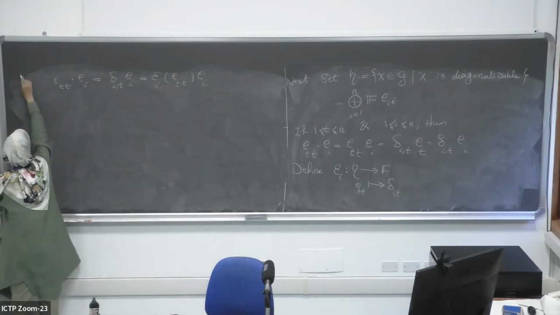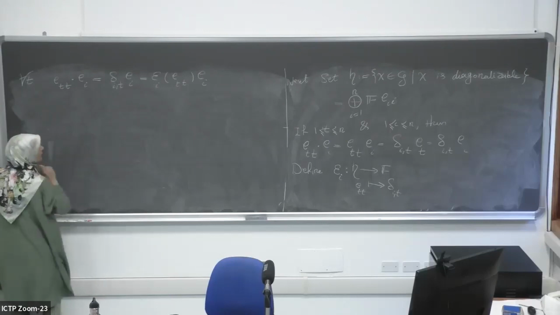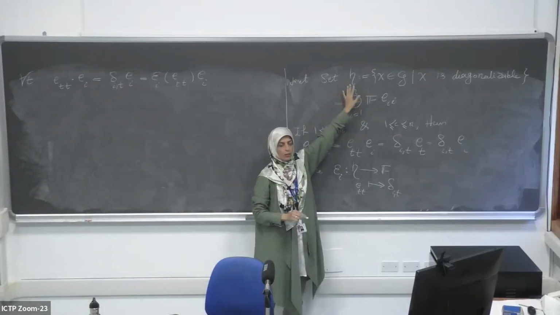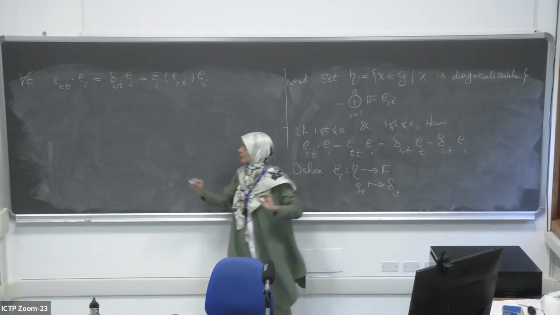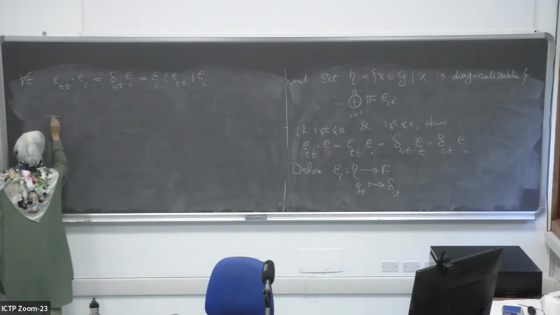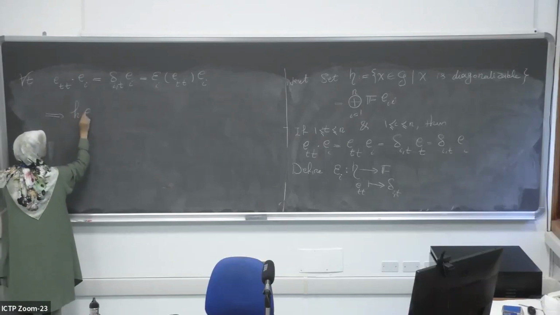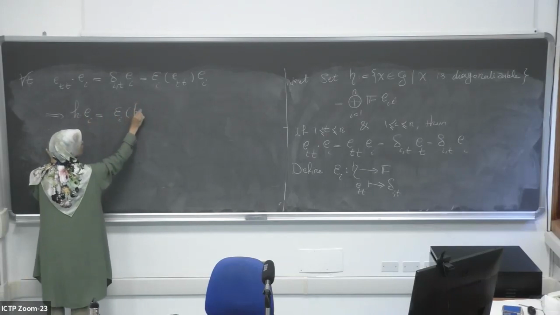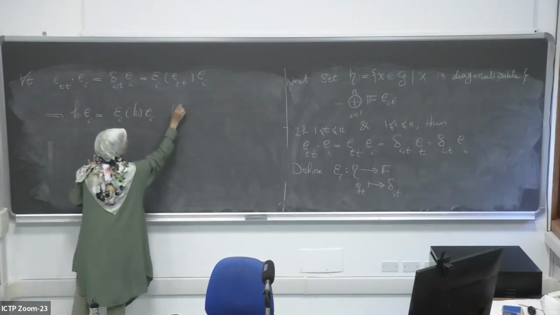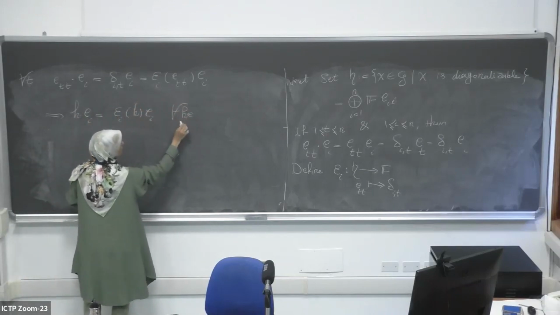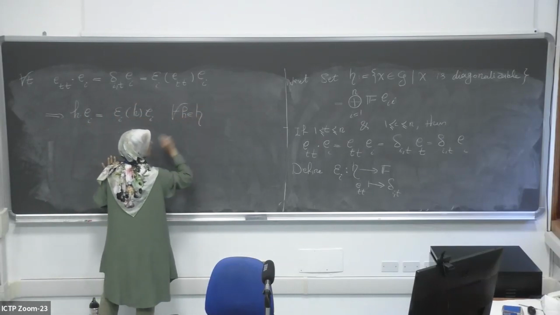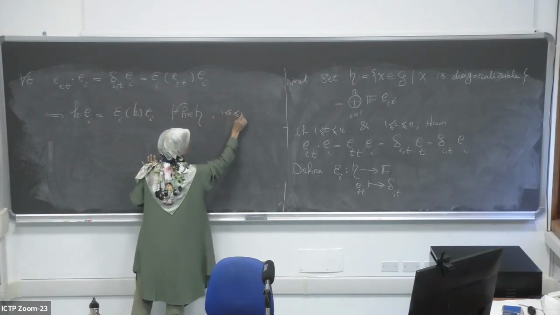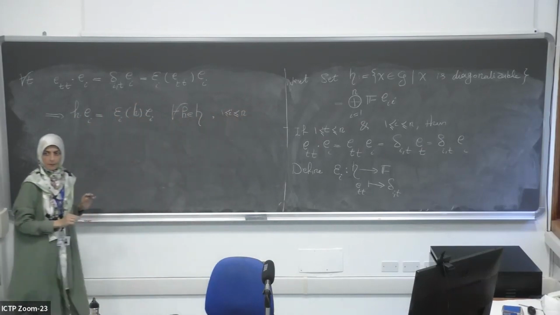It is for all t. And e_tt's form a basis for this H. So it means that h e_i equals epsilon_i(h) e_i for all h belonging to H and i between 1 and n. Okay?